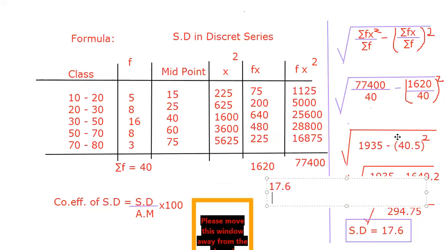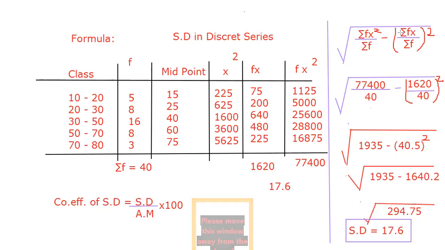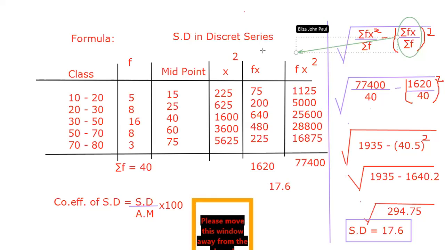You can find it here, that is sigma fx by sigma f. This will be our arithmetic mean. I already told you while explaining the formula. So you are not supposed to find the arithmetic mean separately.